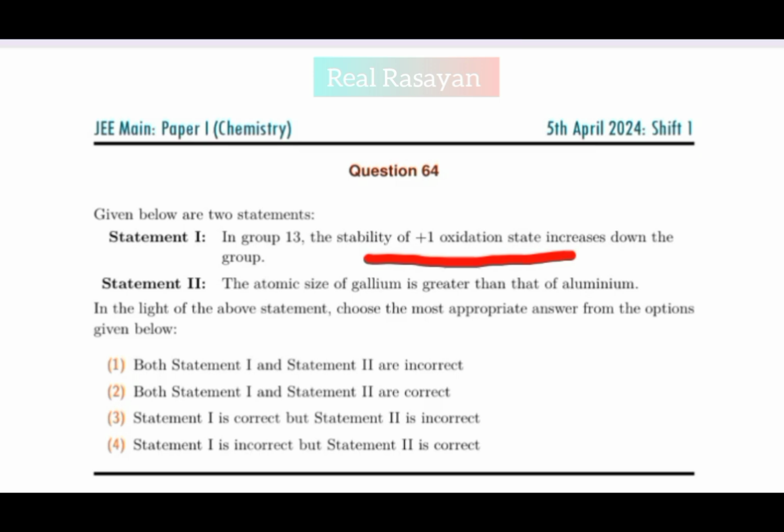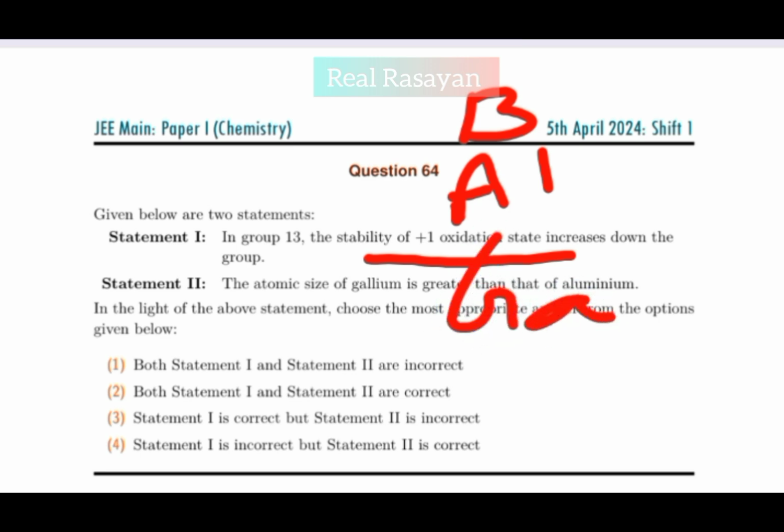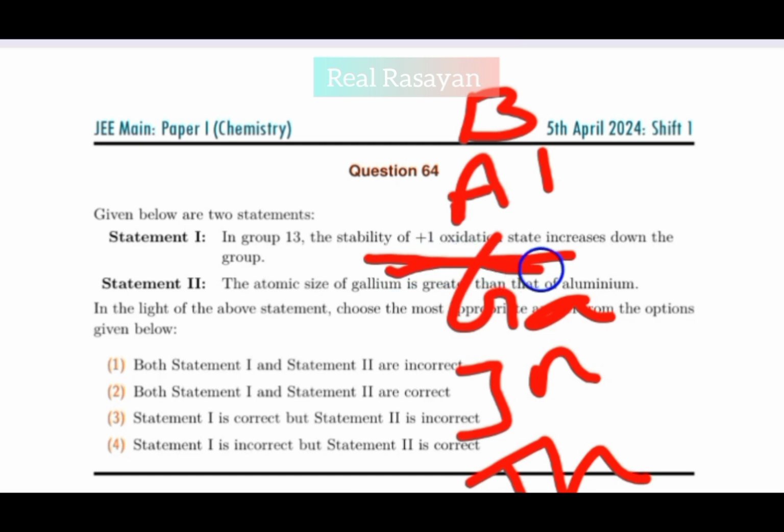So if we are talking about group 13, that started from boron, aluminium, gallium, indium, thallium. So the +1 oxidation state increases down the group.